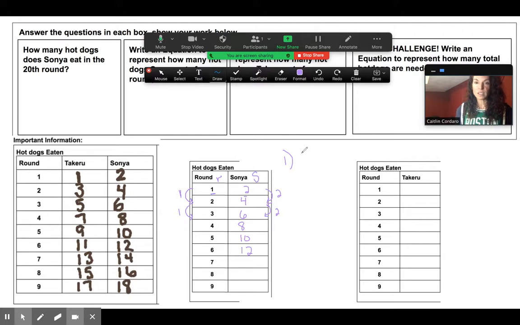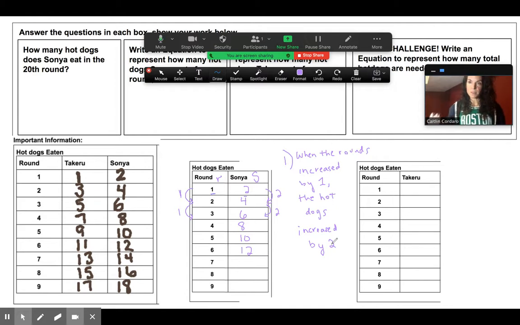So we could see when the rounds increased by 1, the hot dogs increased by 2. That's one way we could look at this table to see what is the pattern, what is happening.